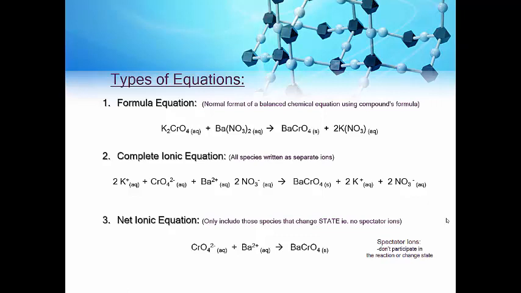There are ions on the left and the right hand side that are not changing. That's your potassium and your nitrates. What we can do is eliminate these from our equation, and we would therefore get our net ionic equation. This is just showing you what is combining to give you your barium chromate solid.